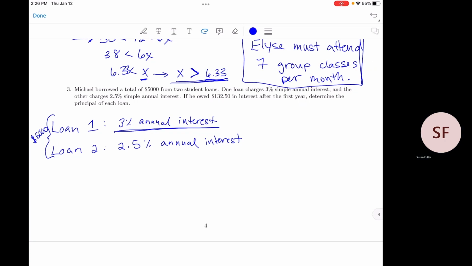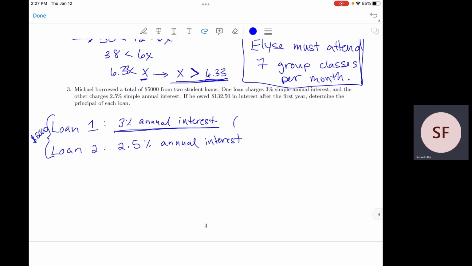With 3% annual interest, however much money you have taken out, they're going to take 3% of that and add it to what you have. So however much is in loan one, it's going to be that amount plus another 3% of that amount. That's going to be the total that you owe. The interest itself is that 3% of what you have in there.